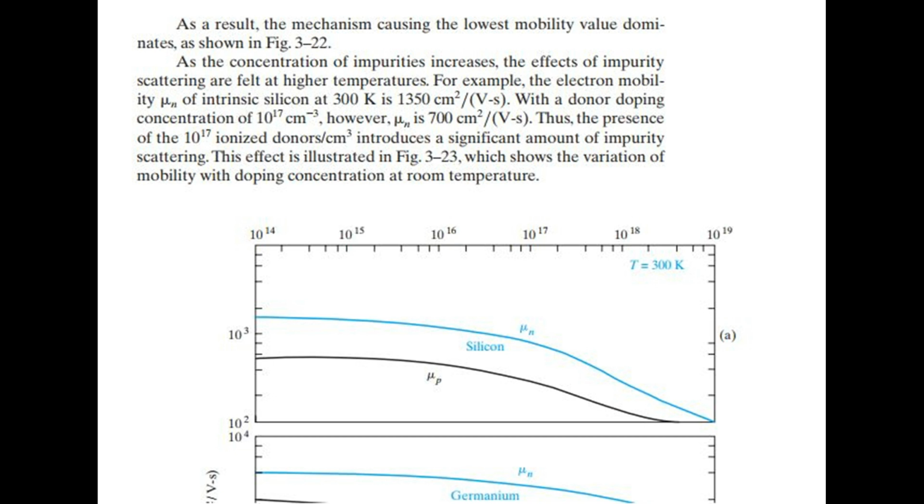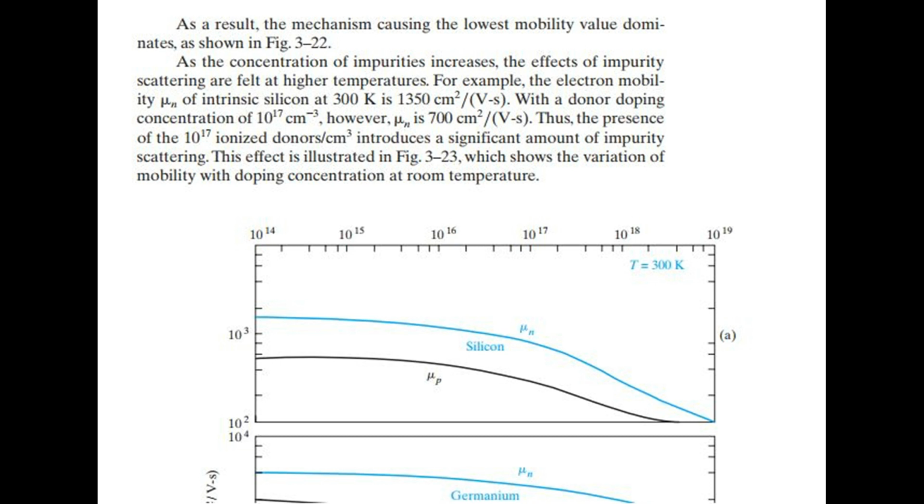For example, the electron mobility μn of intrinsic silicon at 300 K is 1350 cm²/V-s. With a donor doping concentration of 10^17 cm^-3, however, μn is 700 cm²/V-s. Thus, the presence of the 10^17 ionized donors/cm³ introduces a significant amount of impurity scattering.